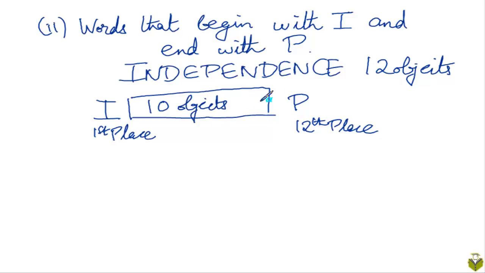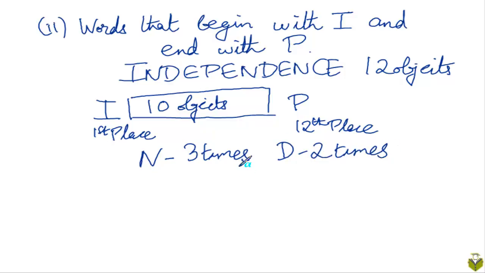So we can arrange these 10 objects in any way we want. And even in these 10 objects we have N repeated 3 times, D repeated 2 times, and E repeated 4 times.